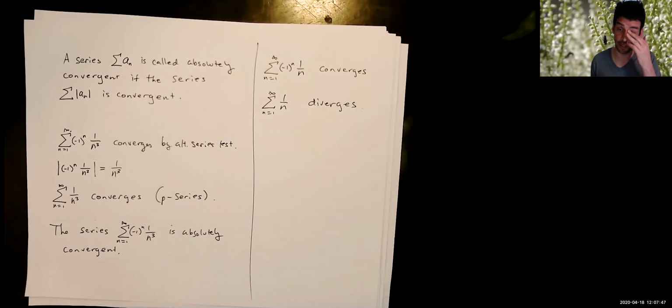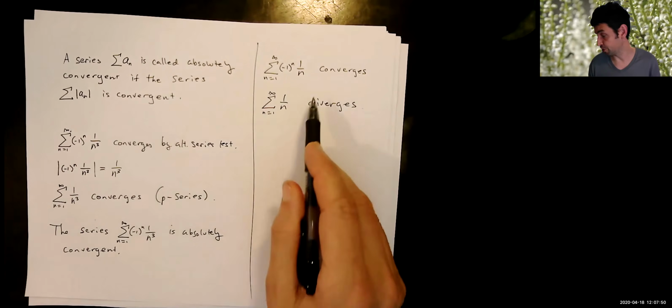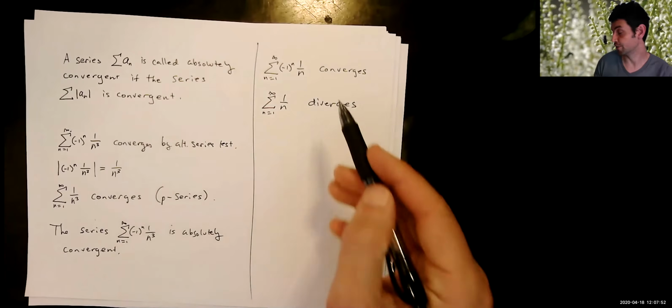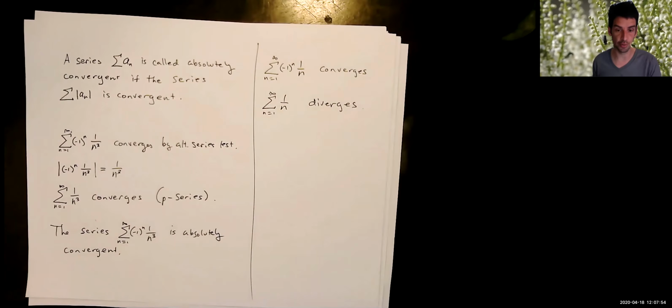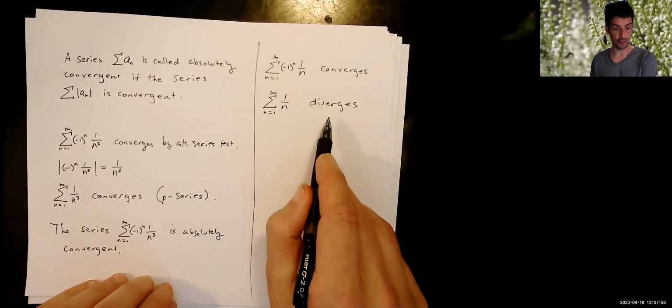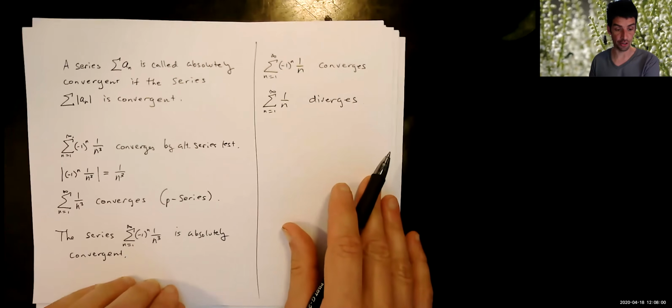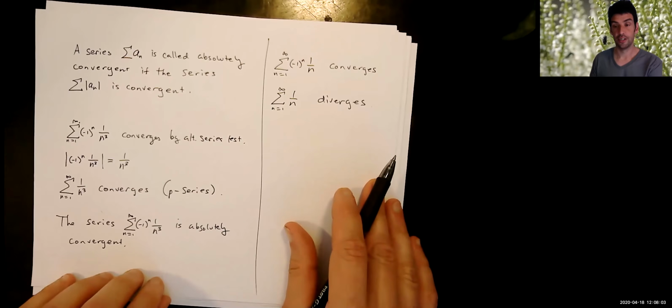Okay, and so we can't just count on it, one doesn't imply the other, I guess is what we should say. Being convergent doesn't mean you're going to be absolutely convergent. Here's a great example, though we will see it works in the other direction in just a second. There's a word for this situation. We call this conditionally convergent.